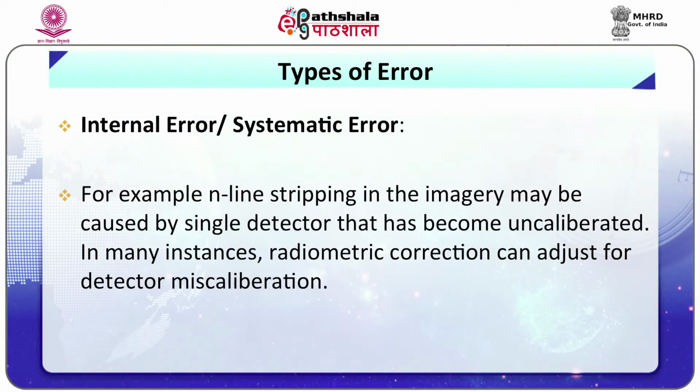For example, n-line striping in the imagery may be caused by a single detector that has become uncalibrated. In many instances, radiometric correction can adjust for detector miscalibration.